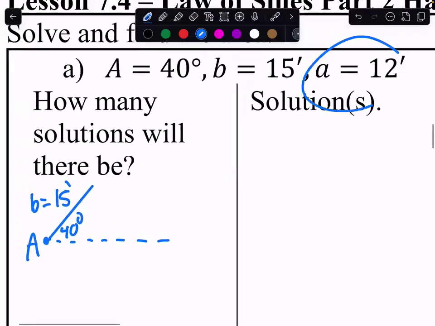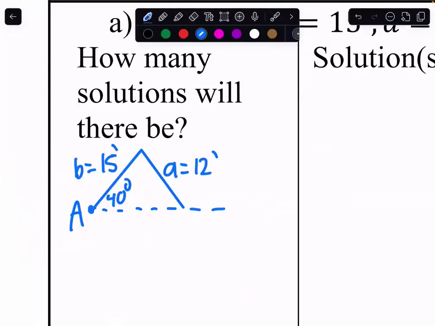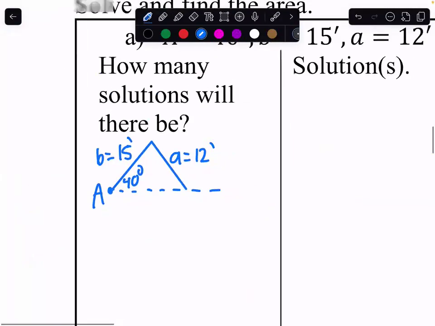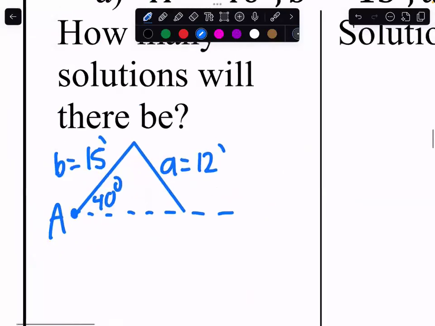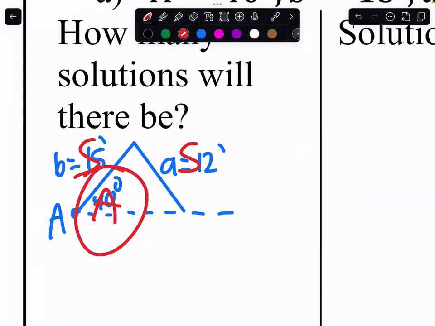Then again, we don't know if the opposite side, 12, swings in or out. I'm just going to draw it outward for now. Hopefully visually you can see this is SSA, and that angle is acute. That's why we need to do the flow chart.